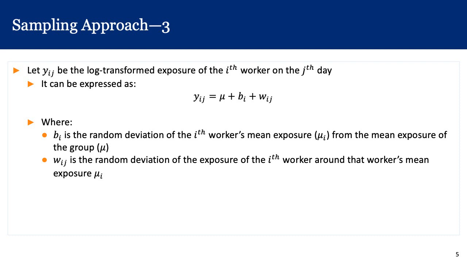So there is a global mean for all the workers denoted by mu, and there are variations of each worker's mean exposure from that mu, and these are denoted by b sub i. And then for each worker, there are multiple measurements, and these measurements deviate and vary around that mean value, and these are denoted by Wij.